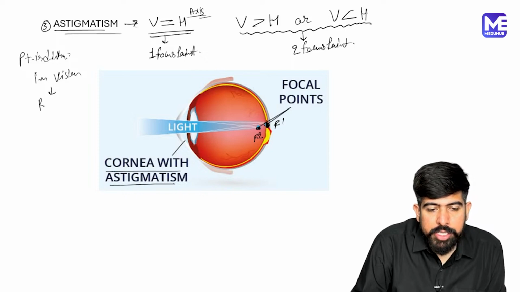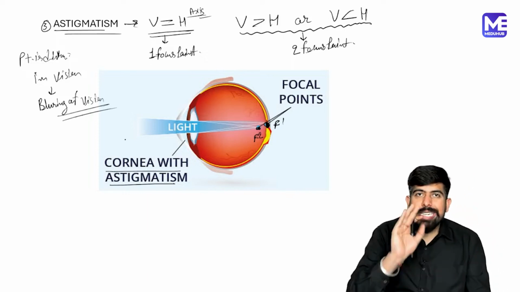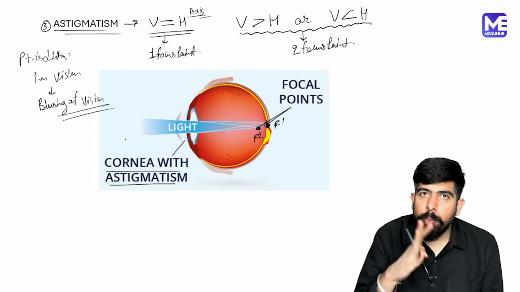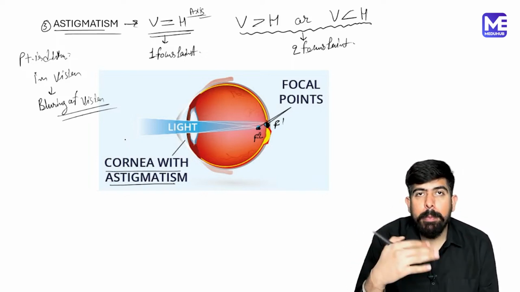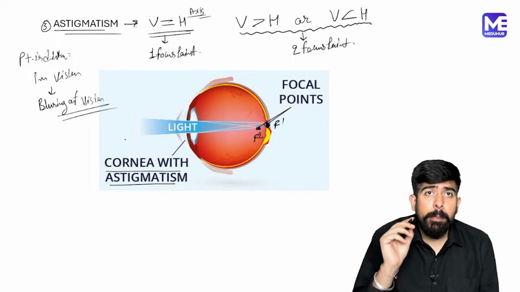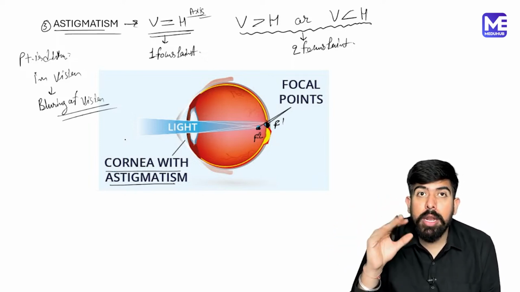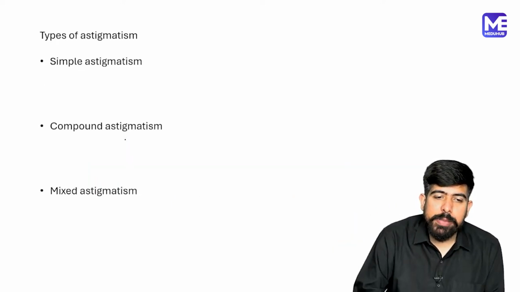There is blurring of vision. Yes, the patient has blurring of vision. Of course, there will be myopic astigmatism or hypermetropic astigmatism, of course it will be there. But please remember, the difficulty is a blurring of vision that will be seen in this patient.